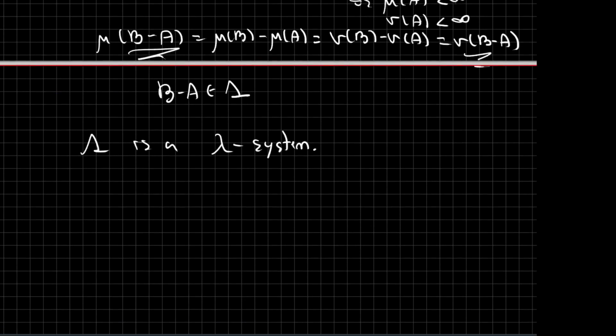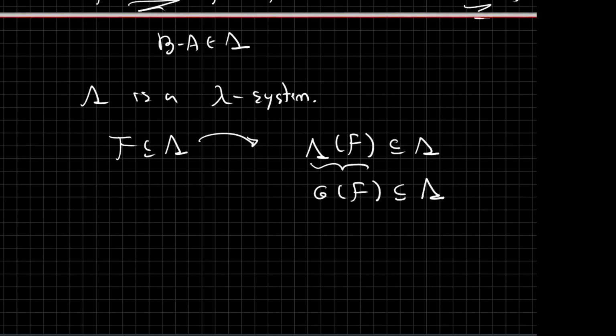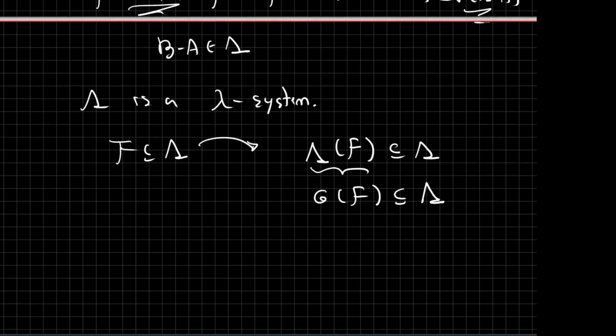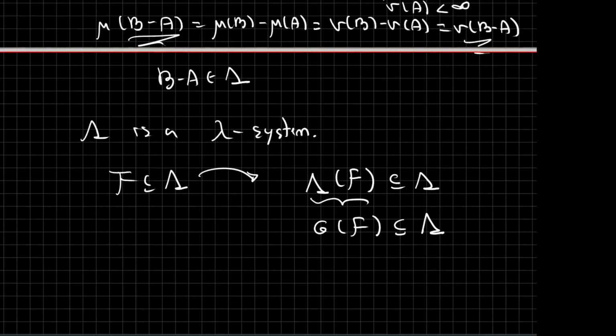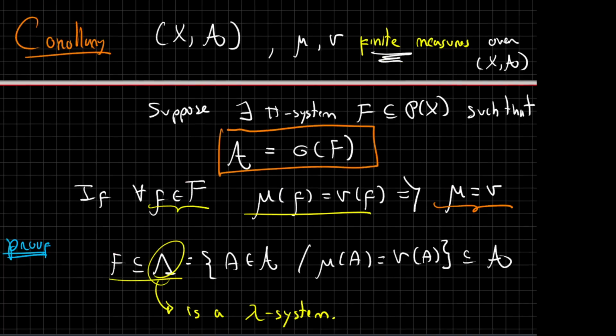All right. So since this is a lambda system and we had that this is a subset of this, then we will have that the generated lambda system is a subset of this by minimality, but this is equal to this set because F is a pi system. So we have that, and it happens that the whole sigma algebra was equal to this.